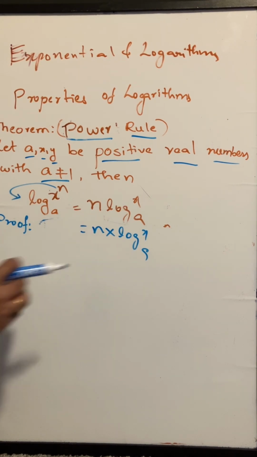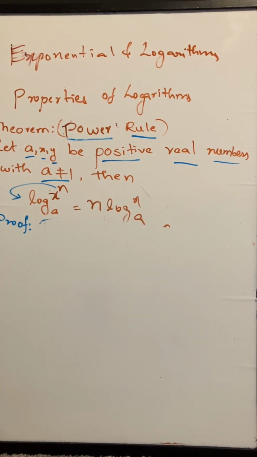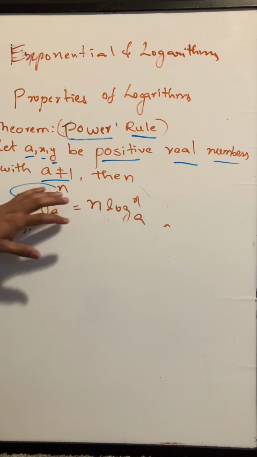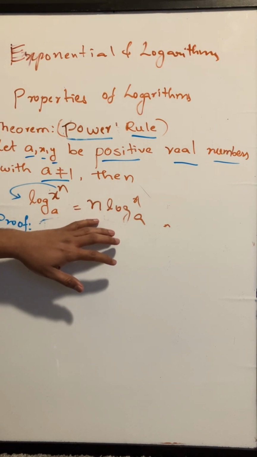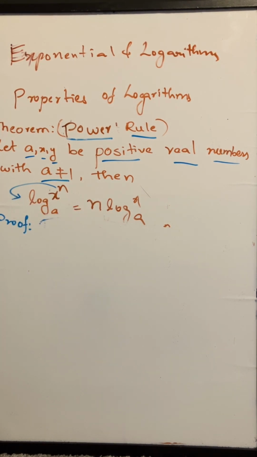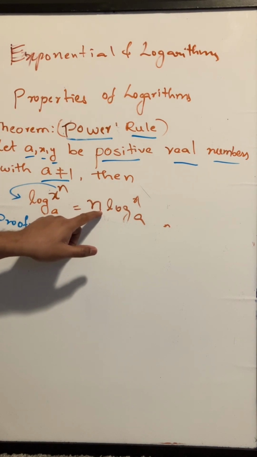If you observe closely, the n came here, and that is what we are trying to do. Rather than figuring out the value of x to the power of n, it is simple to multiply.